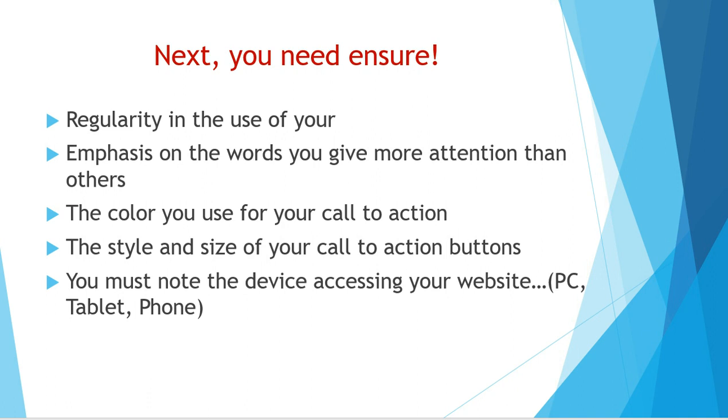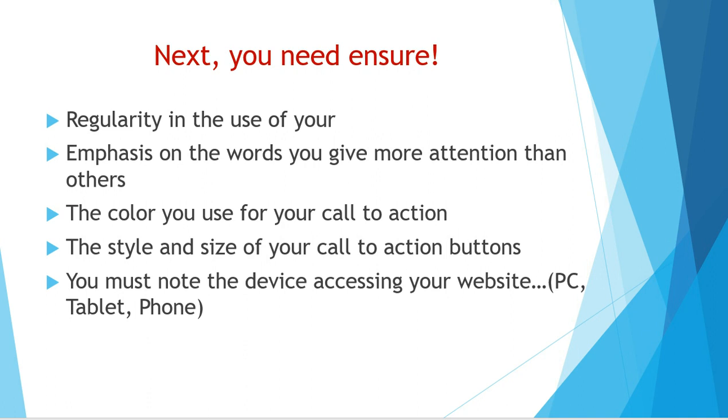For instance, the call to action button may show call now whenever the person is using a phone. And then you might use email us when the person is browsing from a tablet or from a phone. That's what we mean.